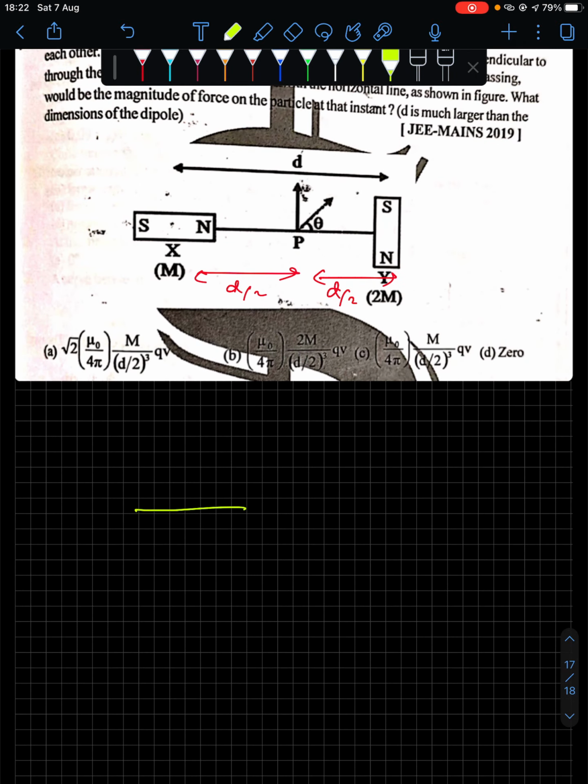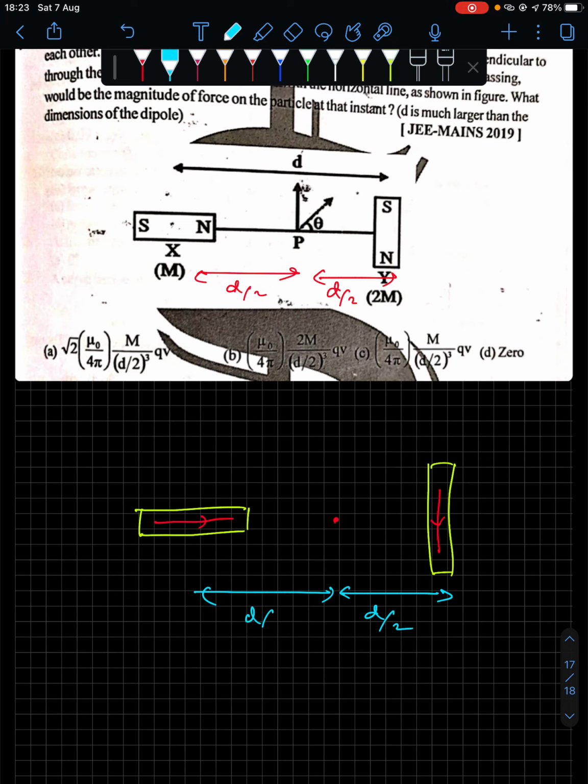Now if we redraw the diagram, this is one of the magnets, this is the other magnet. The dipole moment direction is from south to north, isn't it? Here also south to north along this way. Now we know one thing, say this is the midpoint, and this distance is d by 2, this distance is also d by 2.